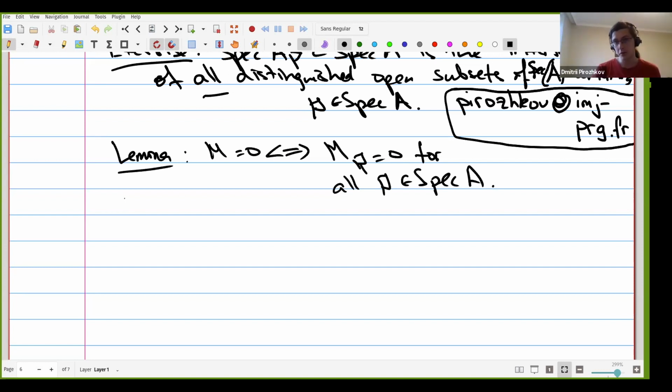So you can check that the module is 0 by looking at all points of the spectrum and at the local version of your module corresponding to this point. The proof is omitted because it's the same.